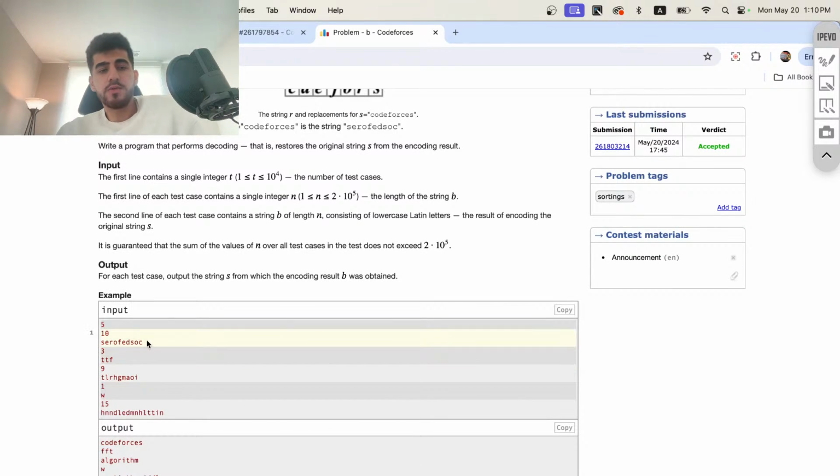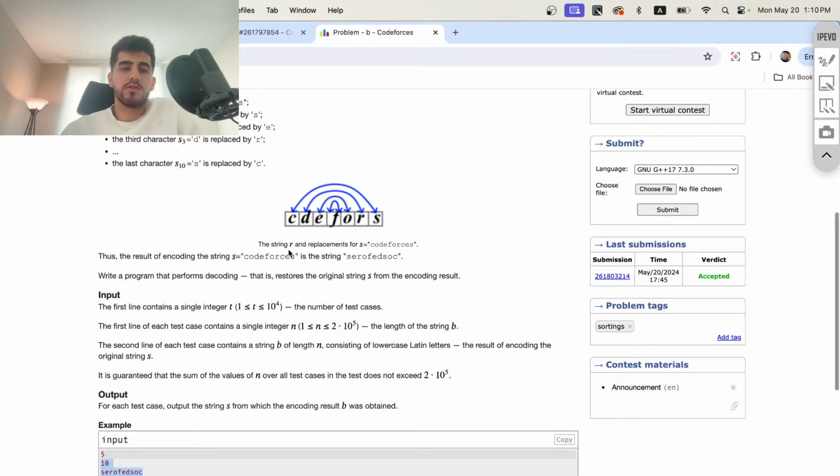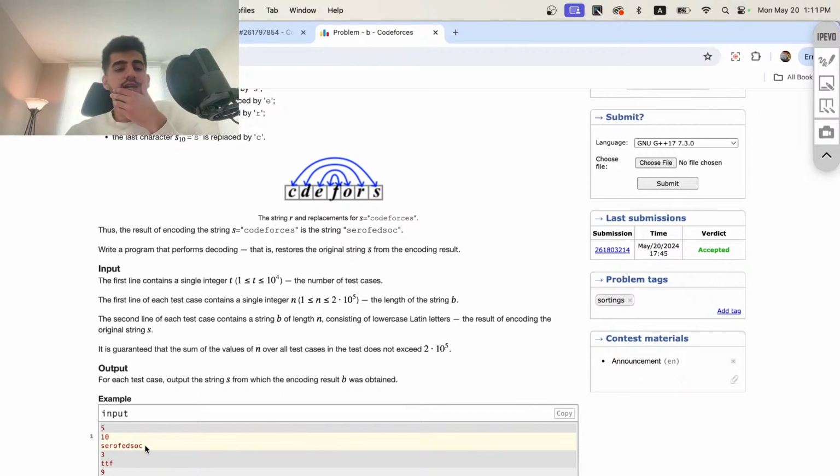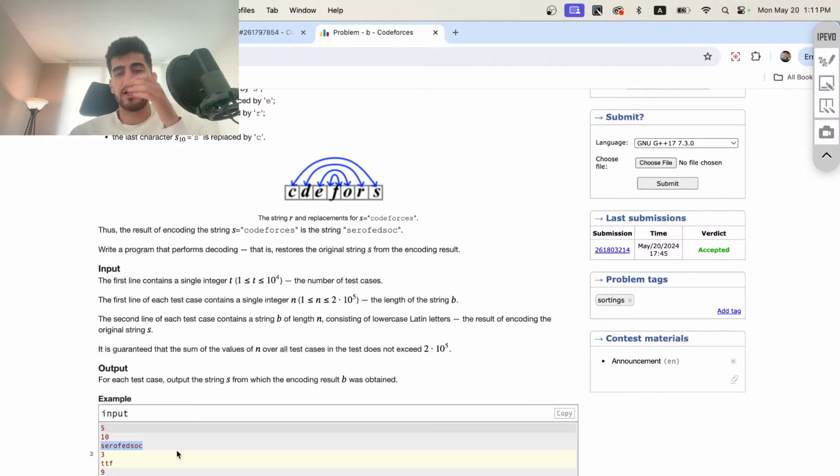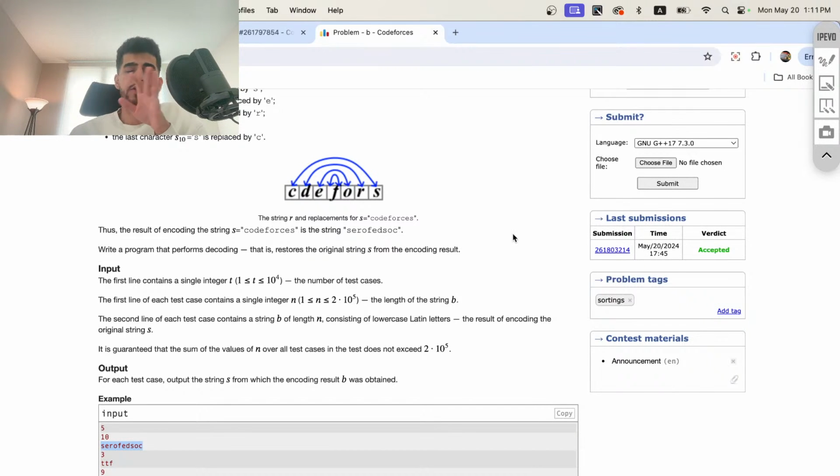Okay, for the second problem, the only thing that matters is that everything is reversed, so we reverse them back. So if C is mapped to S, then we map S again to C. So the only thing we need to do is that for the string, we save all the characters and sort them alphabetically, and we have a unique set of all of them, and then we just find the one matched with each one and we swap them.